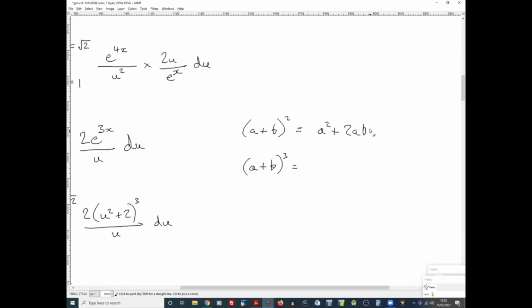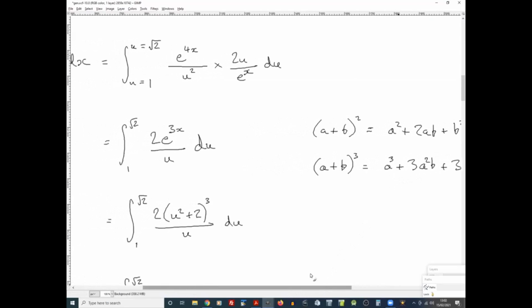Now, thinking of that, 1, 2, 1 in Pascal's triangle, then it'll be 1, 3, 3, 1. Yes. So this is a cubed plus 3a squared b plus 3b squared a, or ab squared. Yes. Plus b cubed. Yes, exactly so.